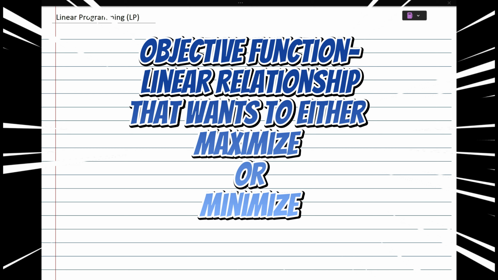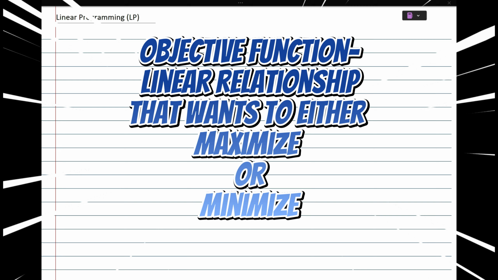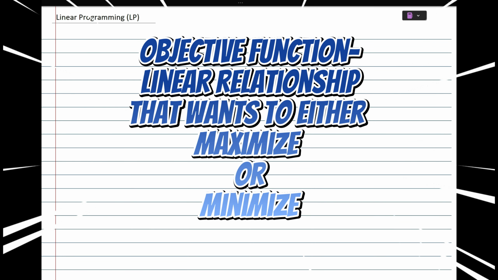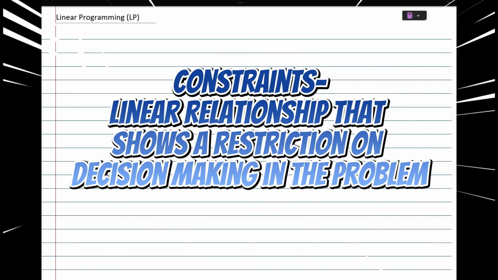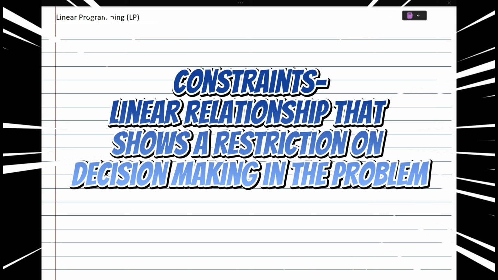Let's use a business as an example. The most frequent objective of a business firm is to maximize profit. Individual operation units, like a packaging department, may want to minimize cost. Those are objective functions. And then there's the constraint. That's a linear relationship representing a restriction on decision making.